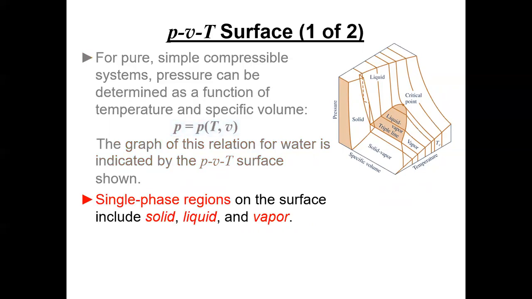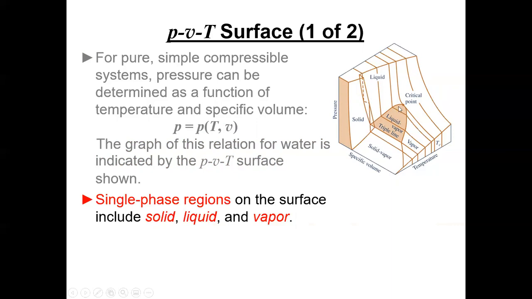Single phase regions on the surface include solid, liquid, and vapor. You see we've got solid over here, liquid over here, and vapor over here. And then we've got these two-phase regions in between. Say I've got solid here and vapor here, I've got a solid-vapor region down through here.